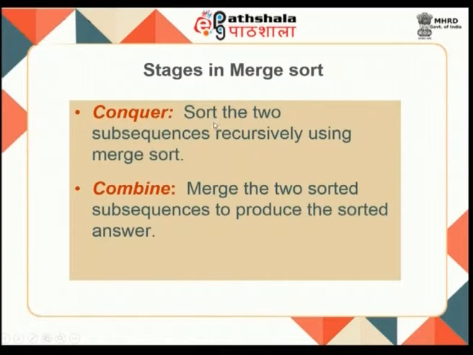In other words, we sort the two subsequences recursively using merge sort, and once the subsequences are sorted, we combine everything to get the global sorted list. So this is what we are doing as part of merge sort.